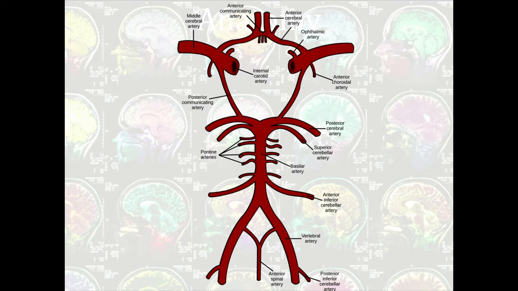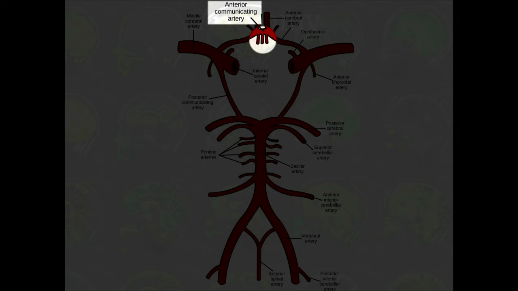When we look specifically at the circle of Willis, one of the areas that I want to always point out is when we talk about subarachnoid hemorrhages from a medical standpoint, those berry aneurysms, 40% of all berry aneurysms originate right here in this location called the anterior communicating artery.